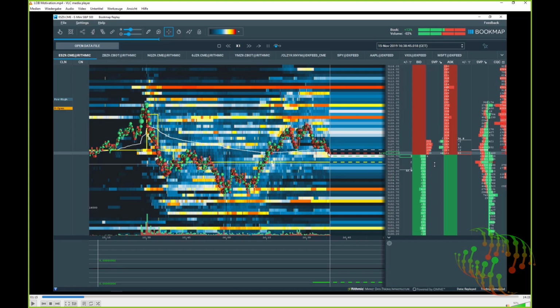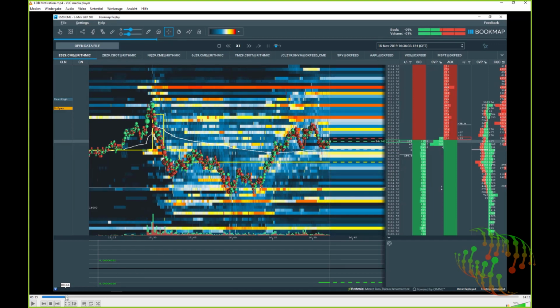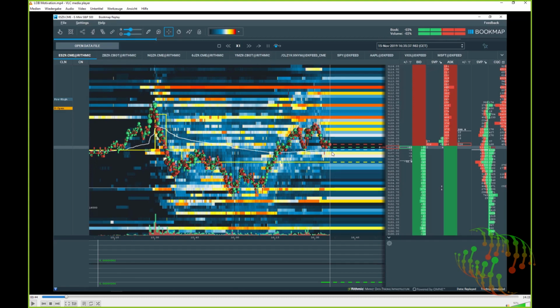Is this an area for buy? Excuse me, I will go a little bit back. The price will come down here to this area. Is this an area for buying, for selling, or to sit on your hands and do nothing? And the more important question is why?